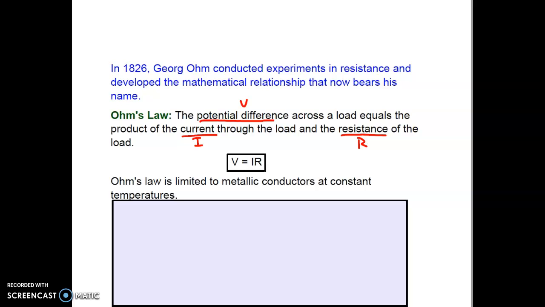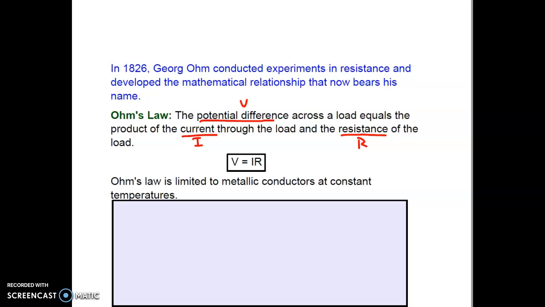Okay, so then we're going to talk about Ohm's Law. So in 1826, Georg Ohm conducted experiments in resistance and developed the mathematical relationship that now bears his name. So that's Ohm's Law, which is really, when I think about it, the biggest thing when it comes to this unit.